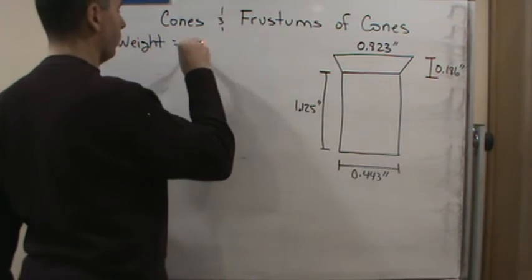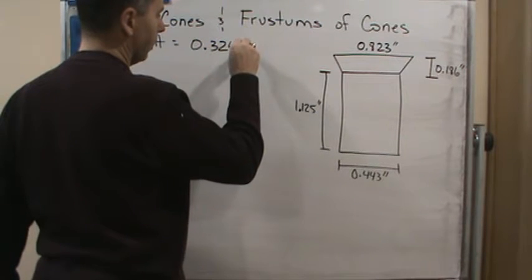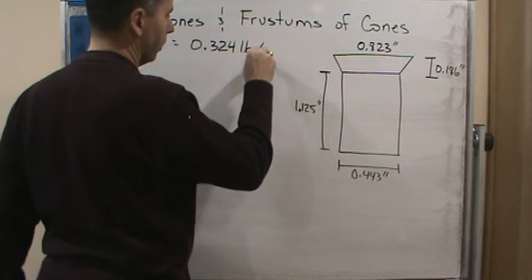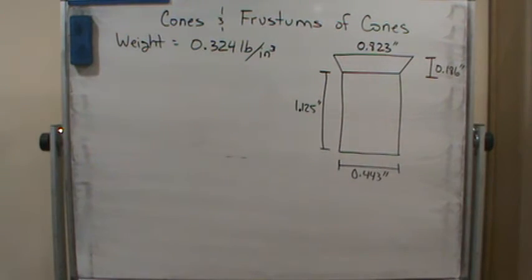So that's the weight of the solid copper rivet. Now suppose we need to find the total weight of the rivet in inches, or excuse me, ounces. We need to find the total weight of the rivet in ounces.